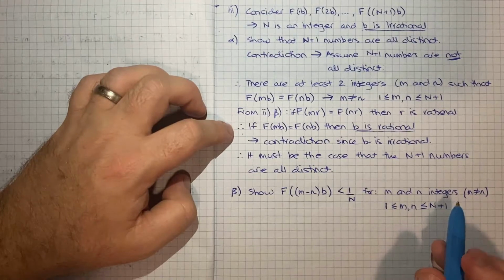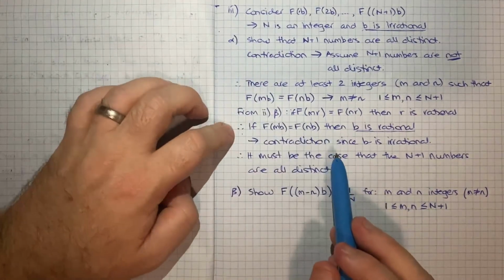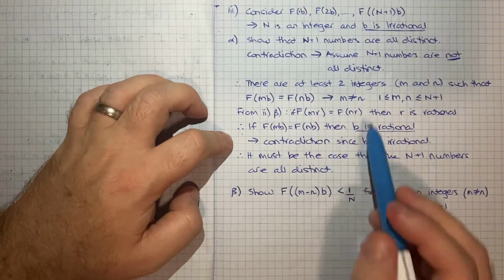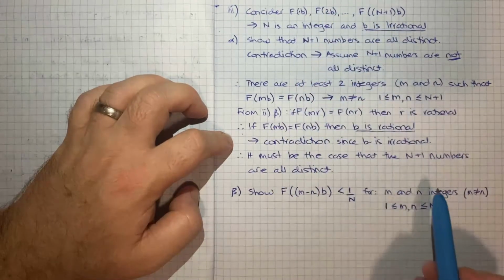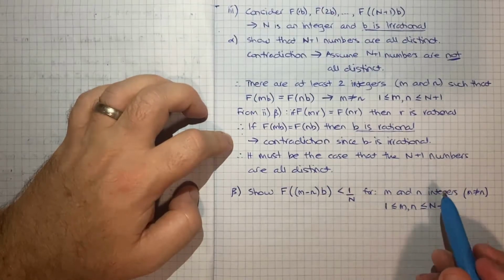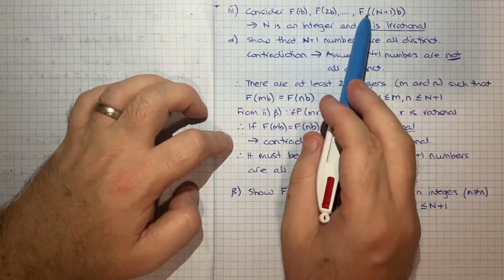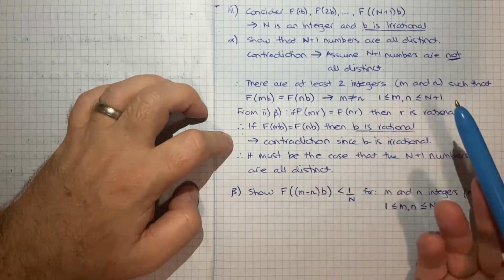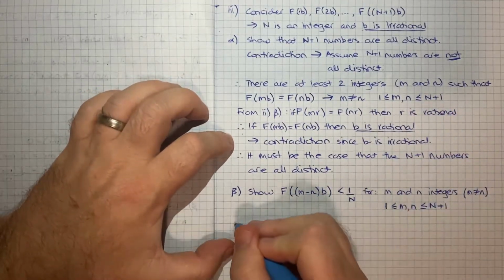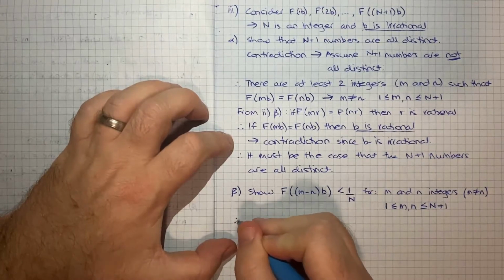Now, from alpha, from the part we just worked through, we know that all of these numbers are distinct. We also know that all of these numbers are fractions. They're all between 0 and 1. That's the definition of a fraction. So therefore, we can apply the pigeonhole principle here.